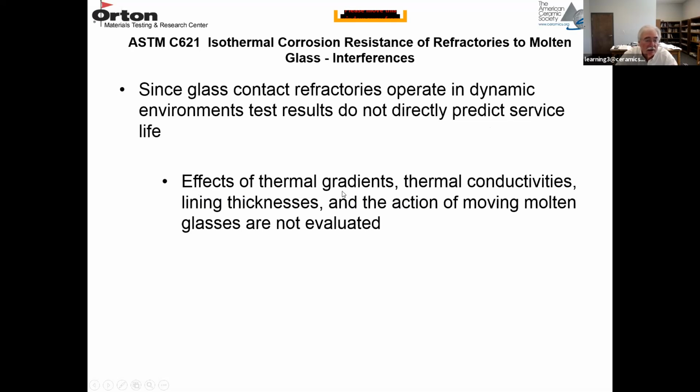Your refractory is not at the same temperature. You have a cold to hot face gradient. It doesn't take into account thermal conductivity, which in effect affects the gradient. It doesn't account for the lining thickness, and it doesn't account for the action of moving molten glasses over the refractory. But it's a relatively easy test to run, and it gives you decent results, decent information.